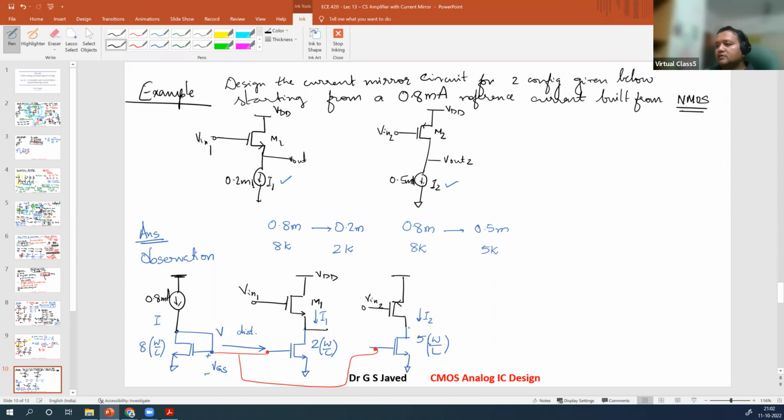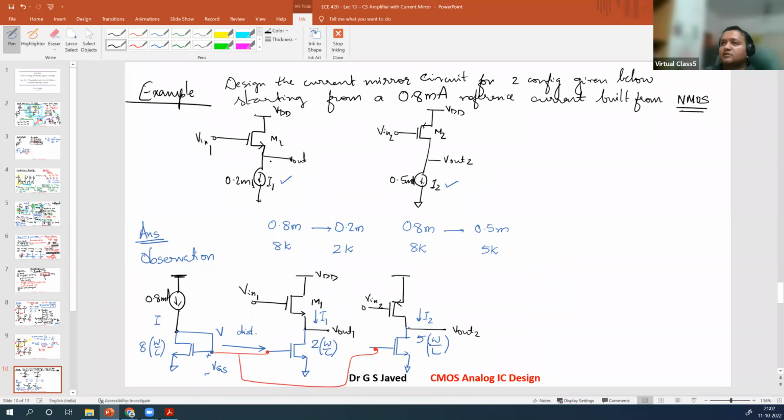Right? This is your output, Vout1. This is your output, Vout2. So this is how you build a current source that is going to connect this circuit and this circuit together in an integrated circuit solution. So you get essentially the final circuit here.